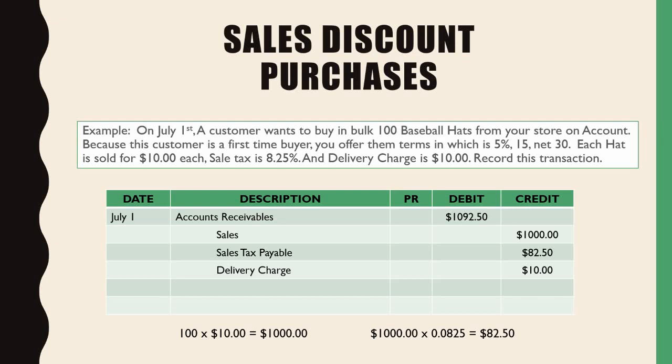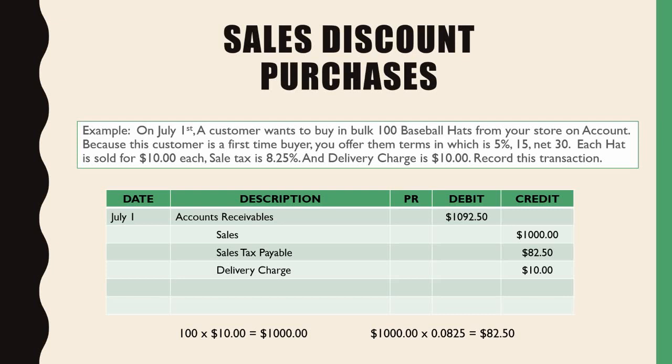Same thing here. Freight, any delivery charges cannot be discounted. You could do free shipping, that way you just don't charge it at all. But in this case, I'm going to charge him an additional fee because 100 baseball hats, they get heavy when you pile them all together.